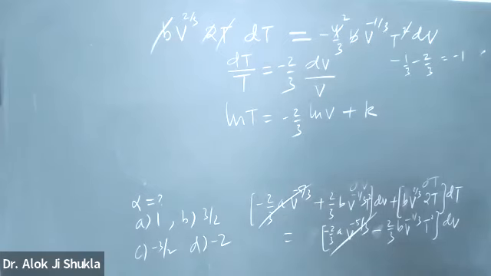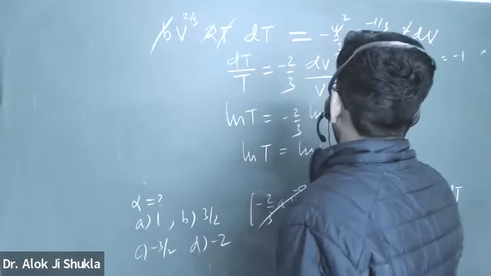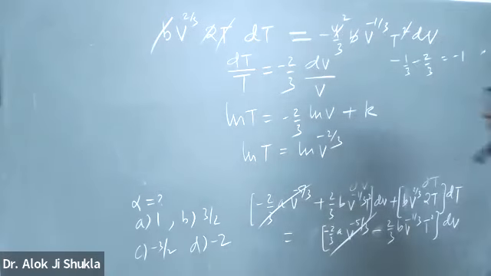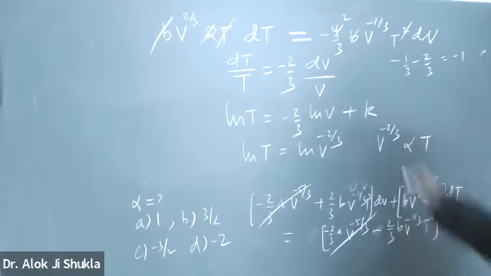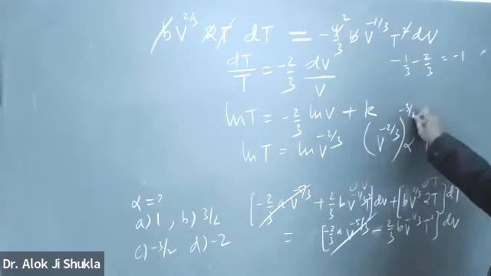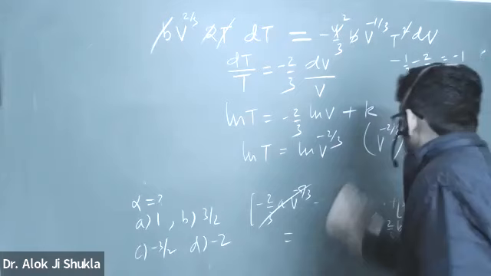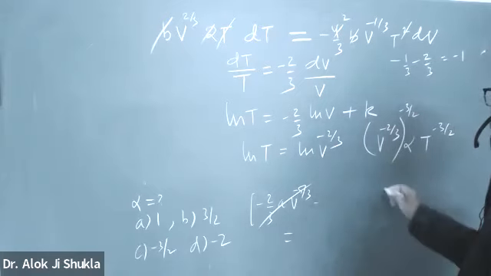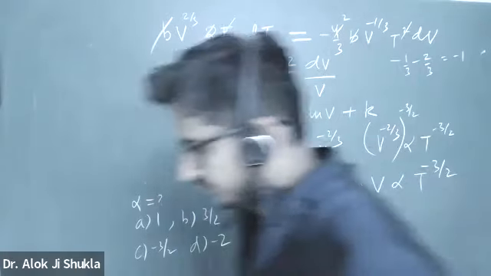So ln t is equal to ln v to the power minus 2 by 3. Correct? So v to the power minus 2 by 3 is proportional to t. So put here minus 3 by 2. Yes or no? So v is proportional to t to the power minus 3/2.